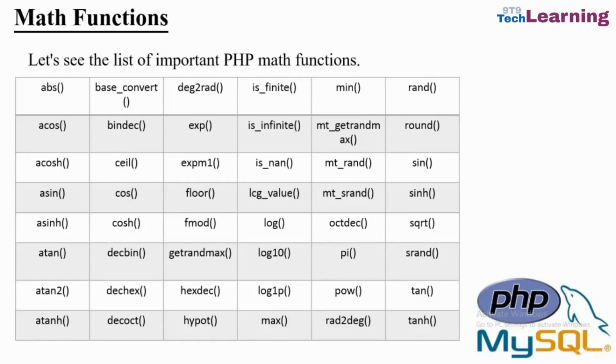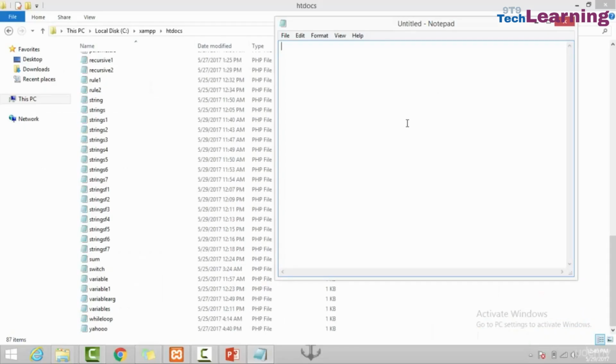Now these are the important list of the PHP math functions. Let's see the example for math functions. So first let's see the hands-on for the abs function. So <?php, echo abs of -7, meaning the absolute value of -7.